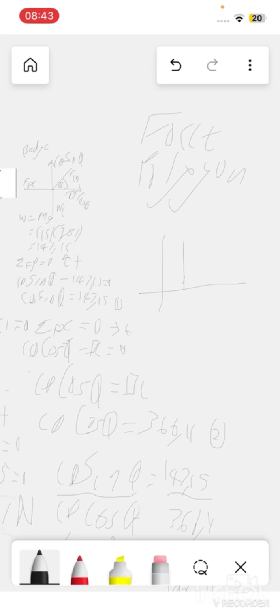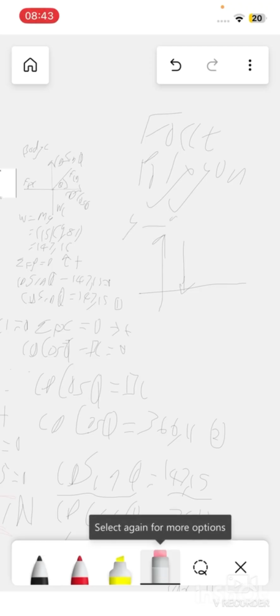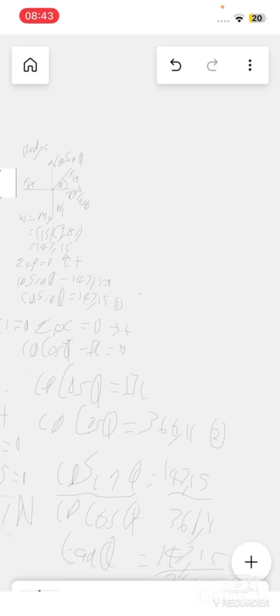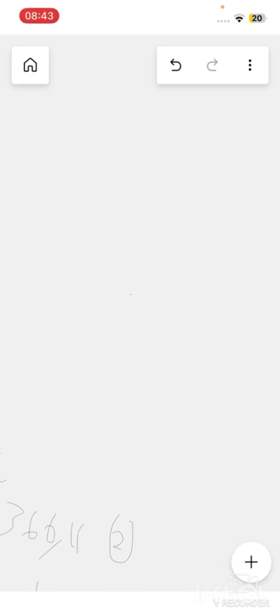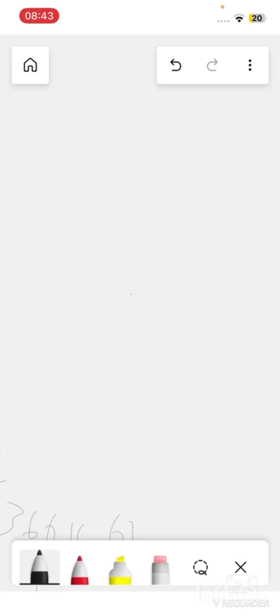We have this force, which is going to be WB. This is the y-axis. No, let me rub this out. It's not nice. It has to be nice and beautiful, guys. These are the axes. One force has to go like this, another one like that, and this one like this.